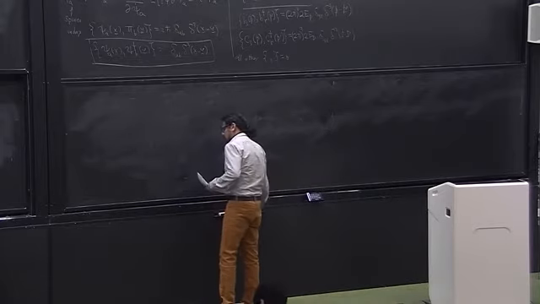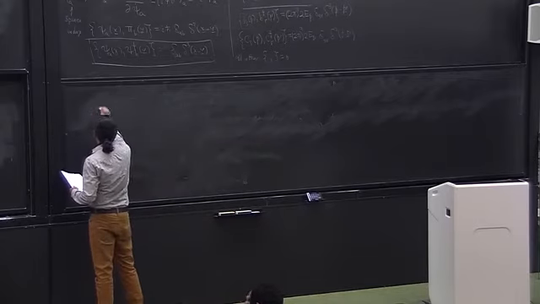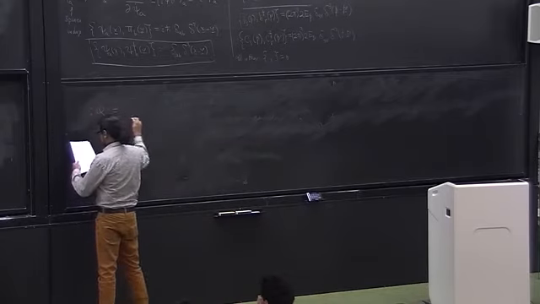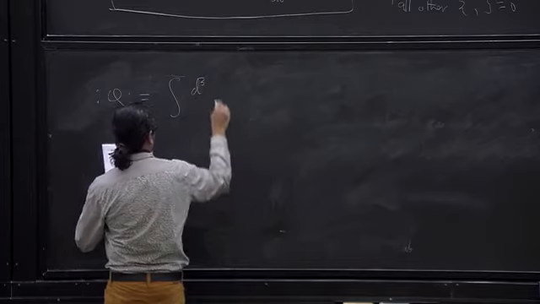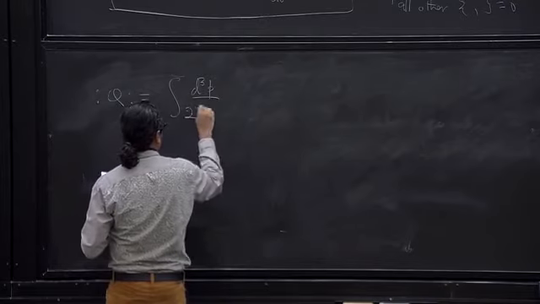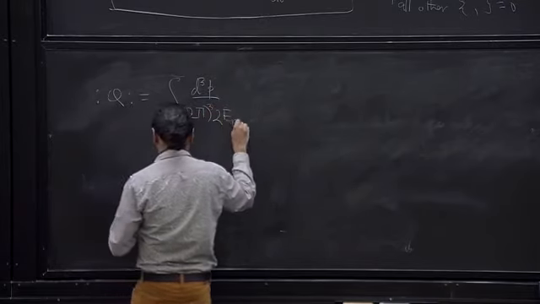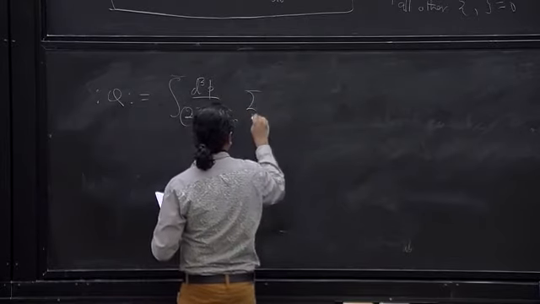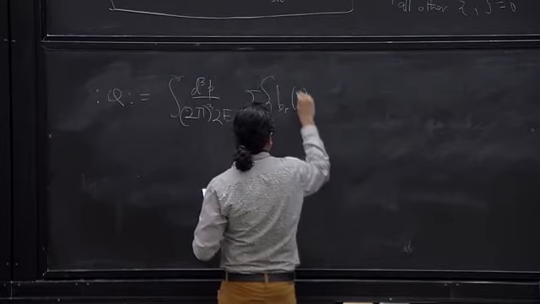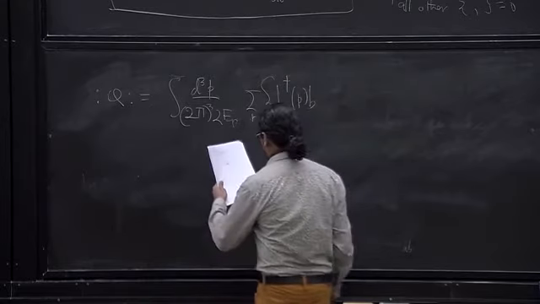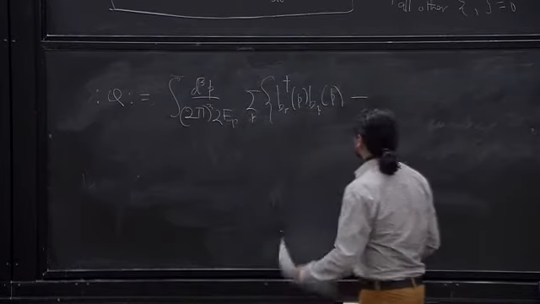And you find that the normal ordered expression for the charge operator has first the number operator. And there's a minus sign.